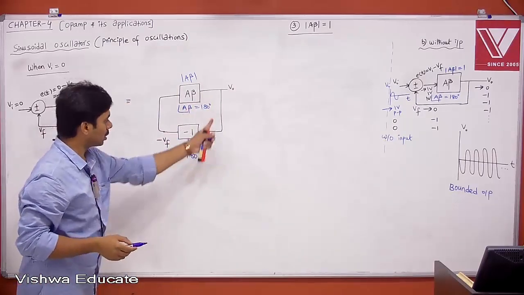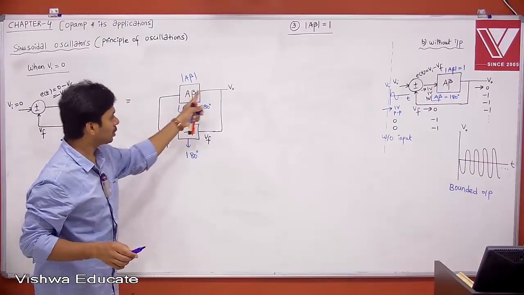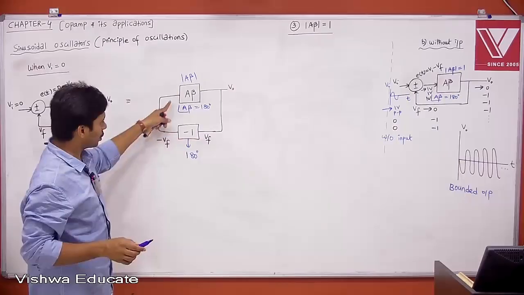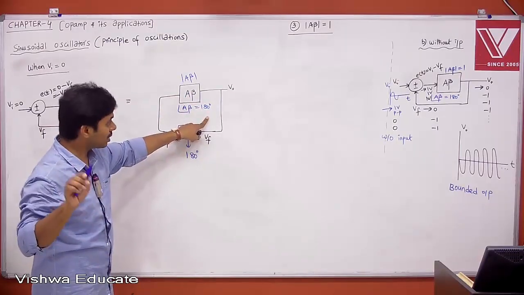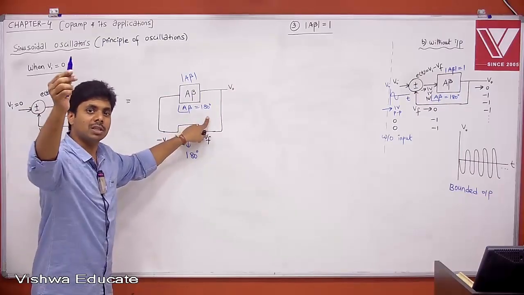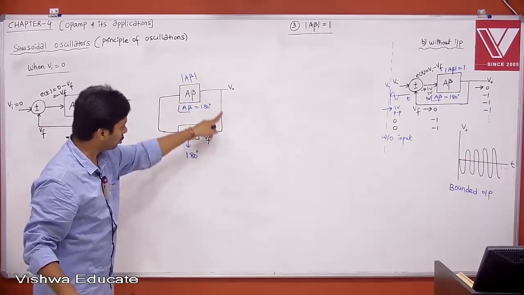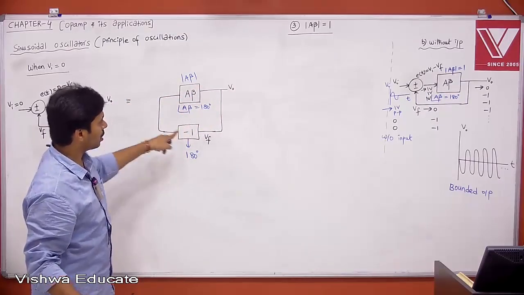Then tell me, what is the total loop phase shift now, without input? The total loop phase shift is 0 degrees. At what frequency is the total loop phase shift 0 degrees? That is called the frequency of oscillations. Whether you get sustained oscillations, over damped oscillations, or under damped oscillations depends on the total loop gain. What is the total loop gain? Mod A beta into mod 1, mod A beta. That is your loop gain.